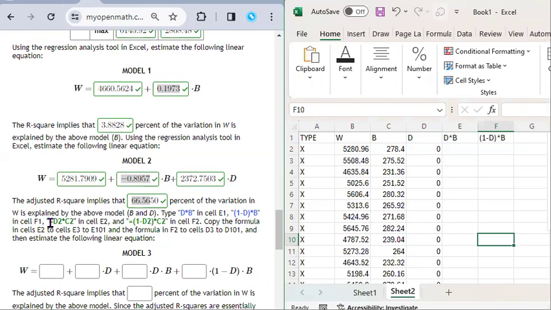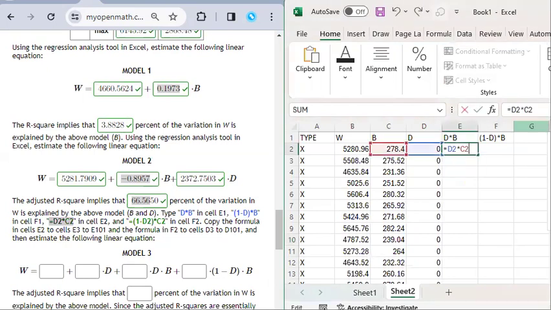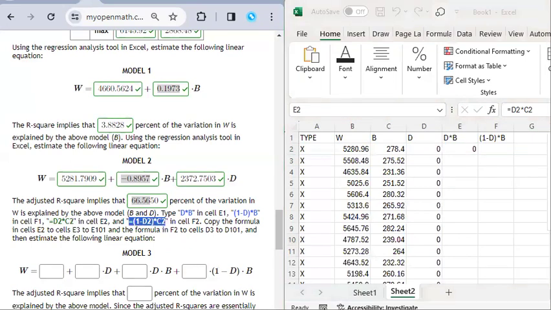Now in cell E2, I'm just going to copy this and paste it right here inside the cell. That multiplies the value in column C times the value in column D, which is 0. This times that is 0. In F2, I'm going to copy this and put that into F2.